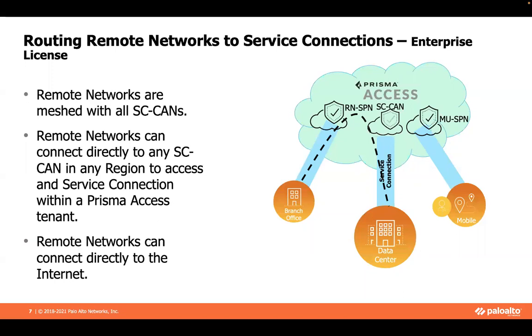And a user in a remote network, a user sitting at a branch office that needs to authenticate to a server or use multi-factor authentication going through a data center would go through the closest geographical one to them.